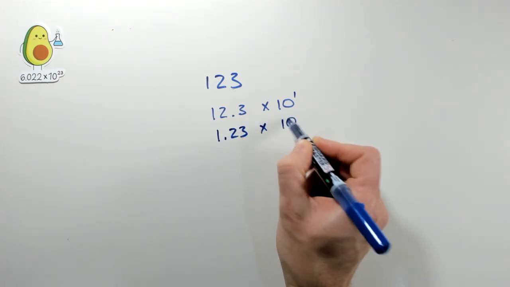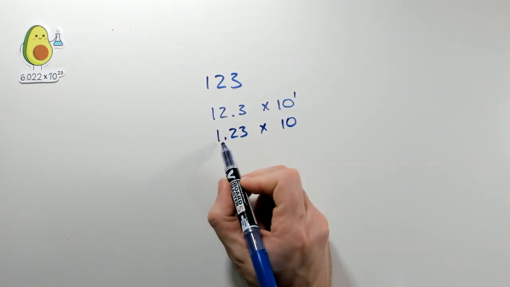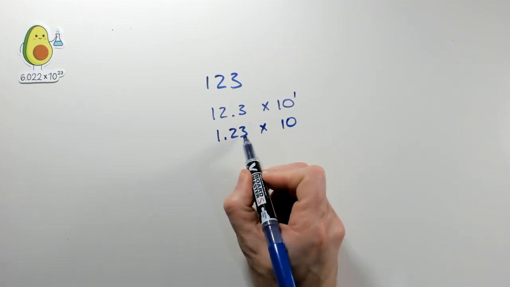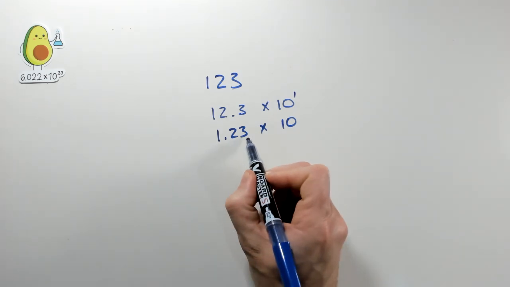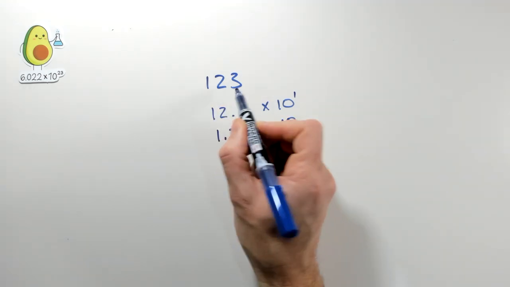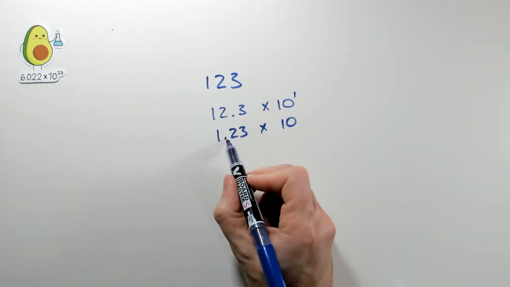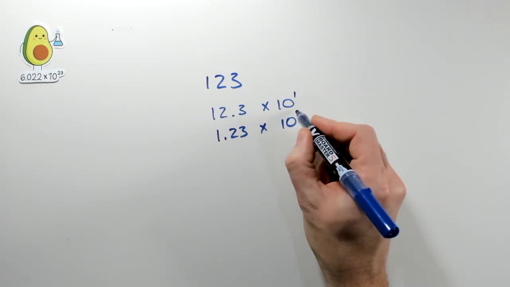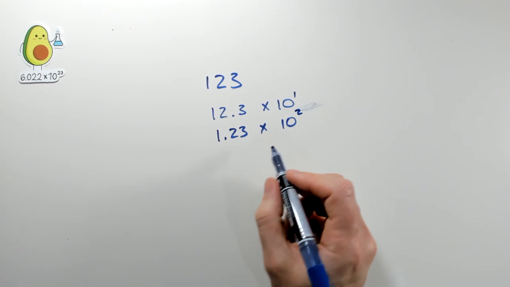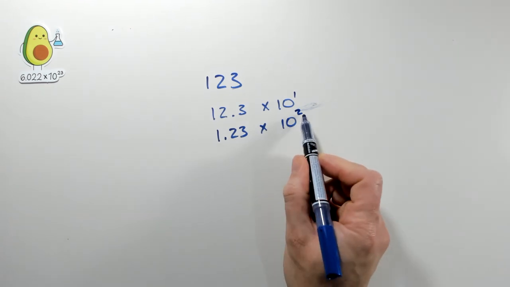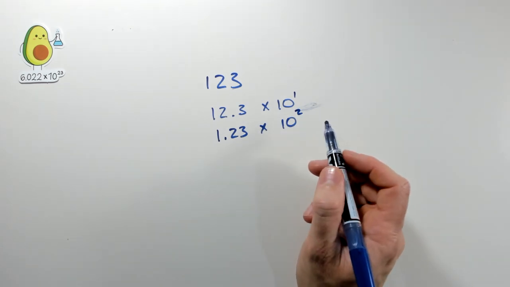And therefore, you would agree, if I wanted to get 1.23, how much should I multiply 1.23 by to get to 123? Well, you'd say I'd have to multiply it by 100. That's times 10 to the power of 2, because 10 to the power of 2 is 100.